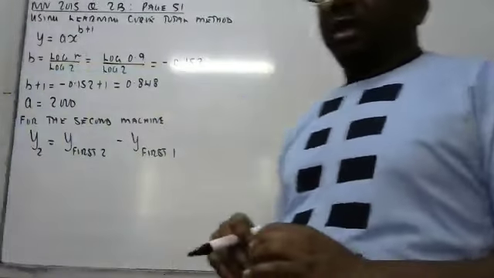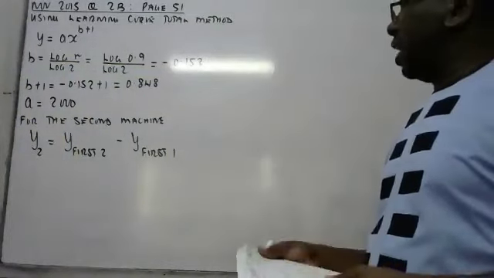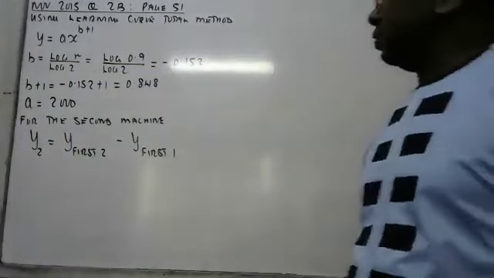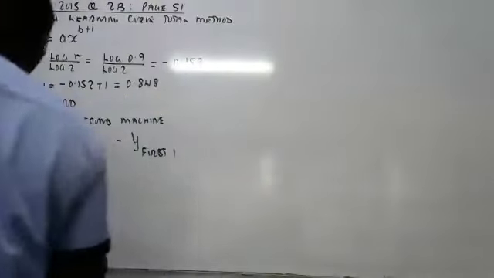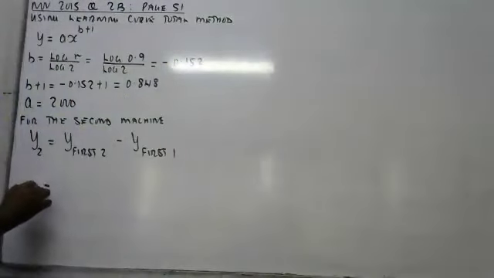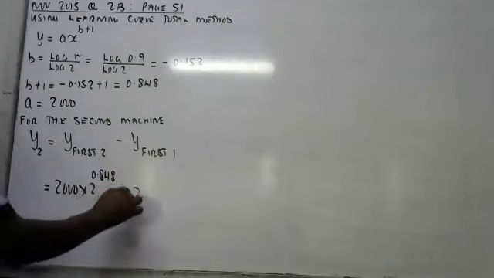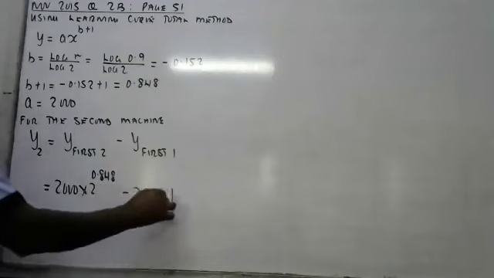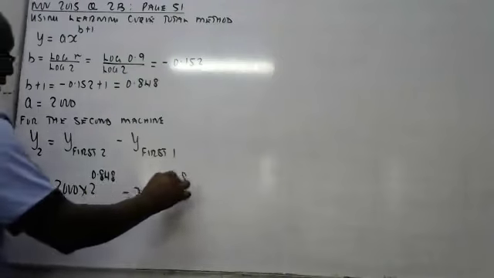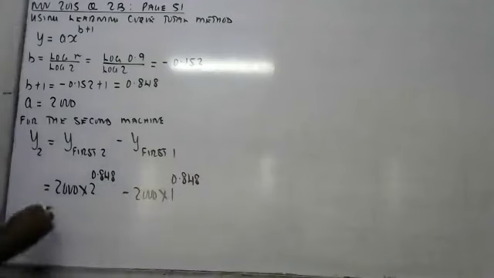So this then proceeds to become 2,000 multiplied by 2 raised to power 0.848, minus 2,000 multiplied by 1 raised to power 0.848.